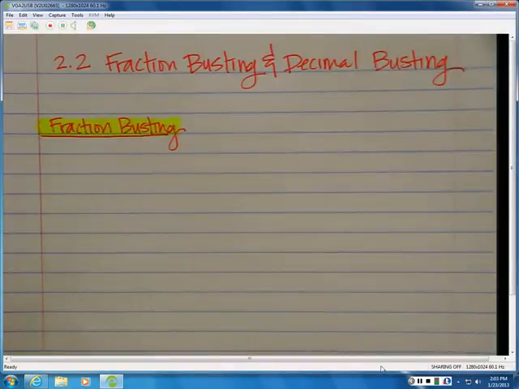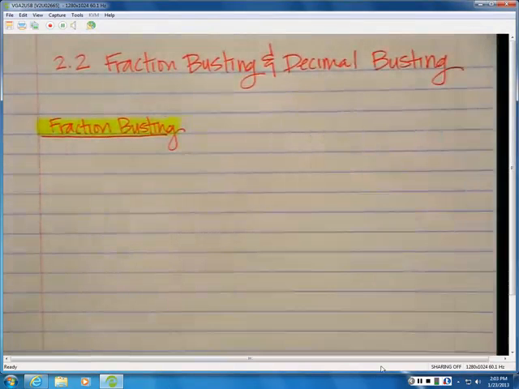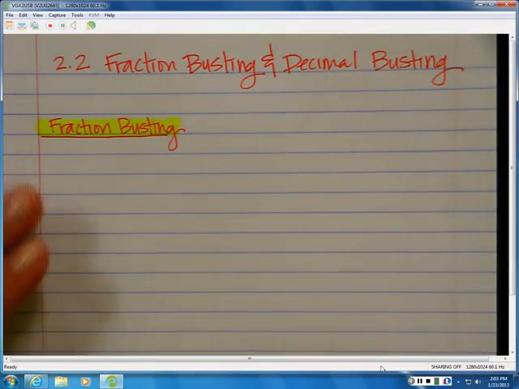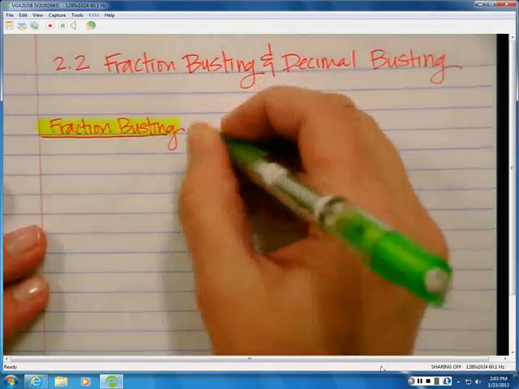Okay. Hello, class. We are going to be talking about fraction busting and decimal busting today. Fraction busting is when you have an equation that has a whole bunch of fractions and you want to make them go away. Basically, fraction busting is clearing out all fractions of an equation before solving.